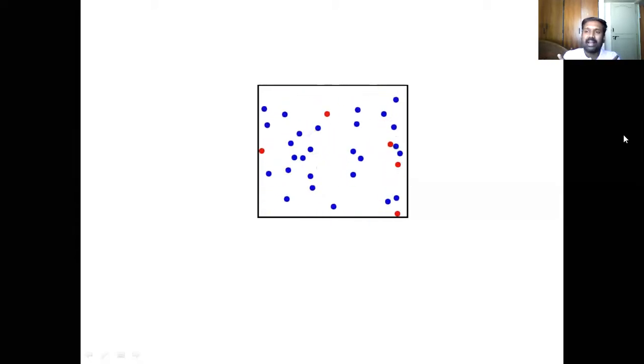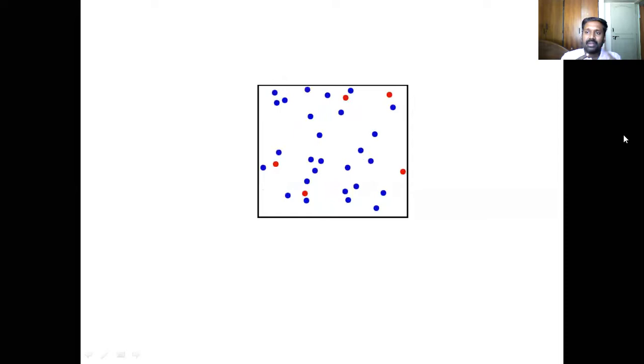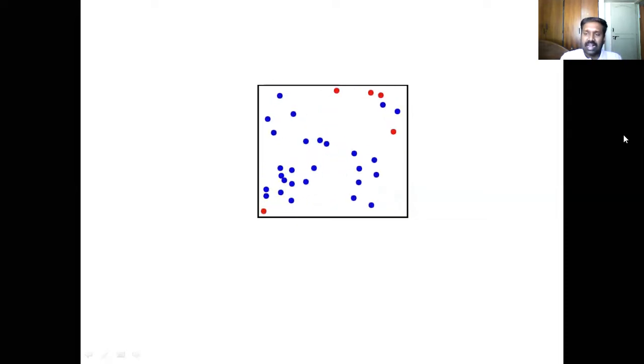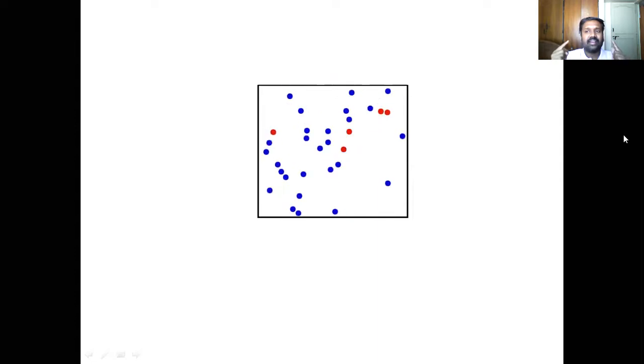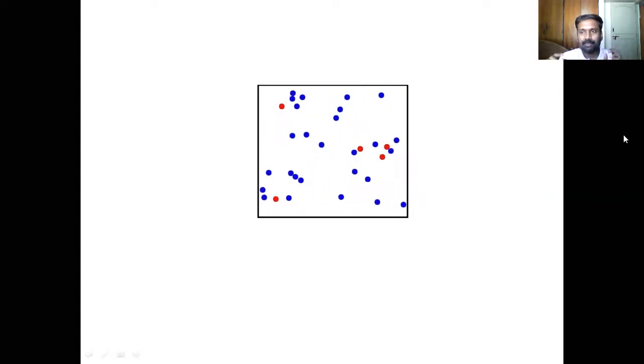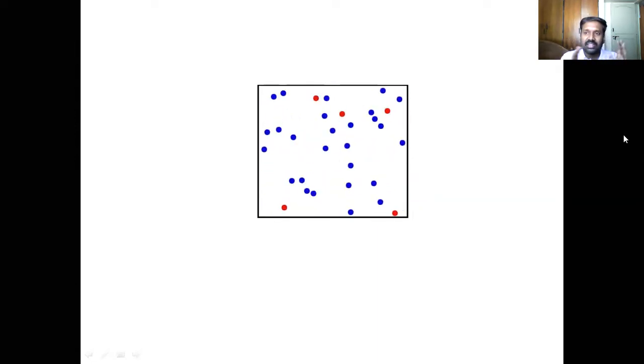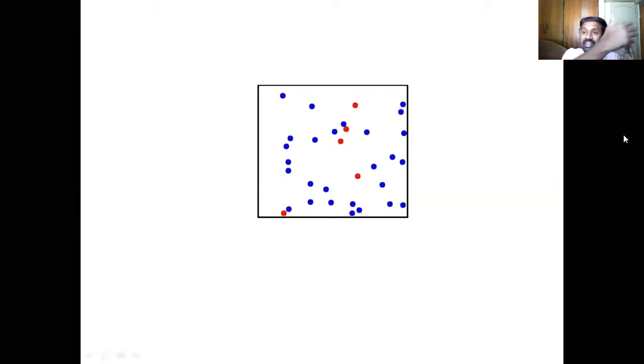They can deviate from their path. Now let us assume that both molecules were carrying equal energy, molecule A and molecule B. And don't think these molecules A and B are from different gases.